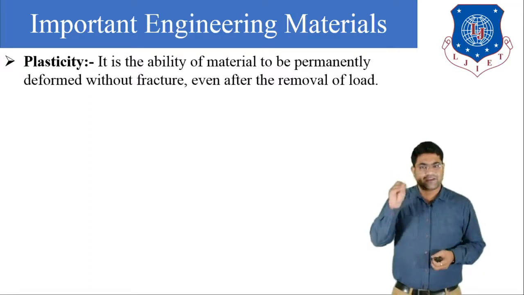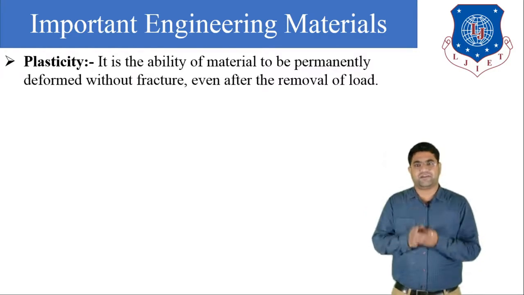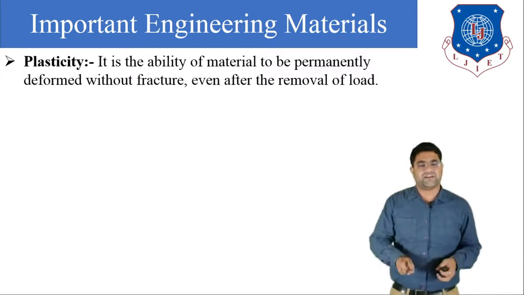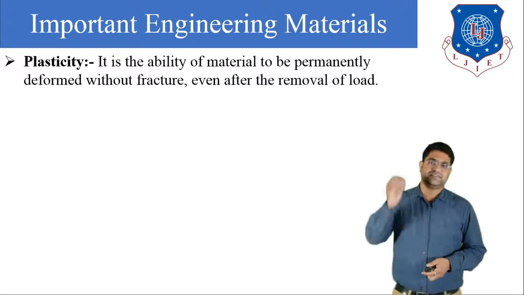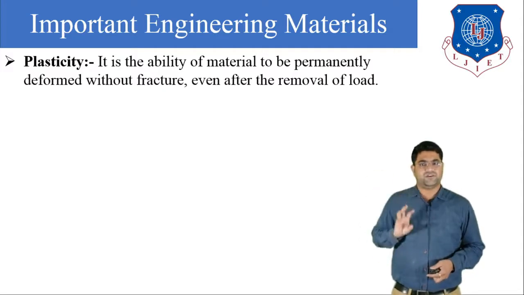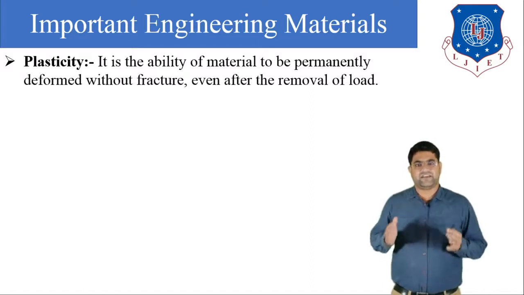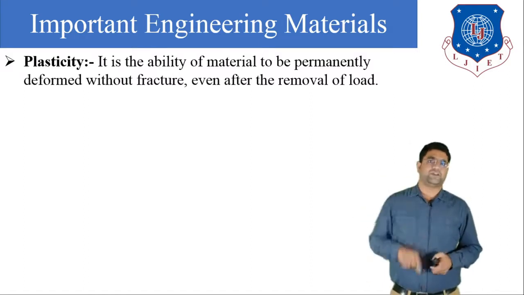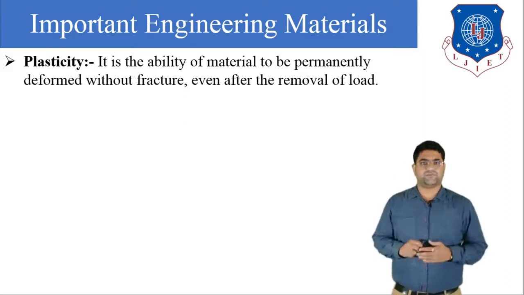So plasticity is the ability of the material to undergo permanent deformation after removal of the load. Generally, plasticity is the most important property in the case of forging. In metal forming, we produce high strength components because of this property, plasticity. So it is the most important property.